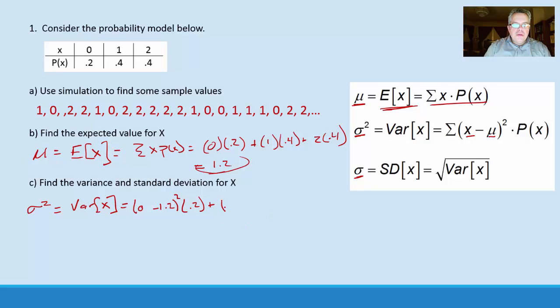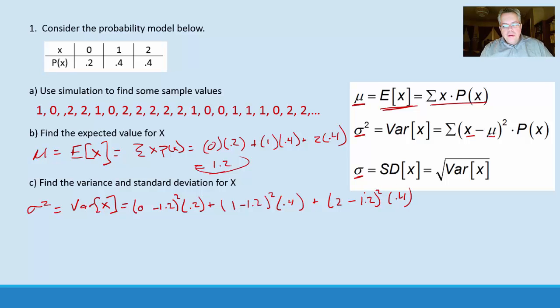The next value is 1 minus the mean, squared, times the probability of getting a 1, which is 0.4. Then we're on the third value. So it's going to be 2, the third value, minus the mean squared, times the probability.